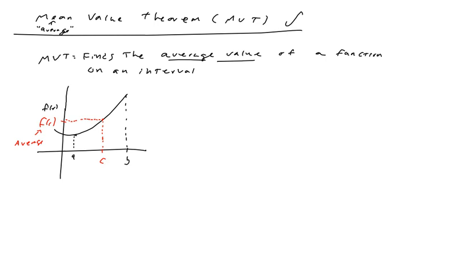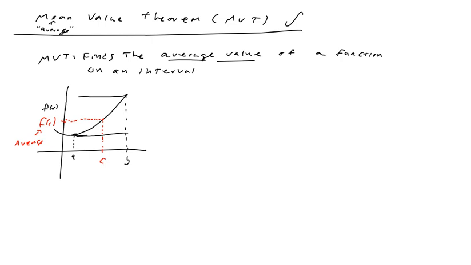We have a low point here and a high point here, and this average value is like the middle of the graph. It can be more complicated when you have a graph that goes up and down and wiggles around. Sometimes you have multiple average values, where it hits the average somewhere along the line.